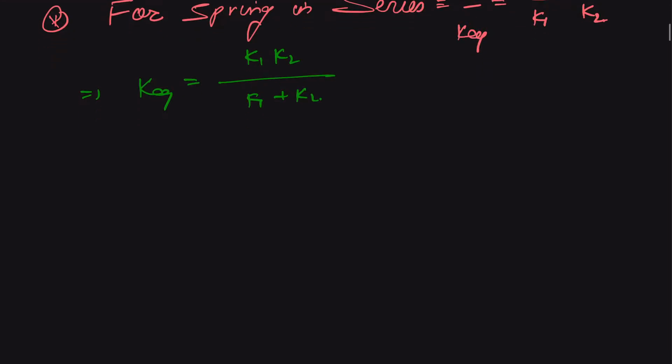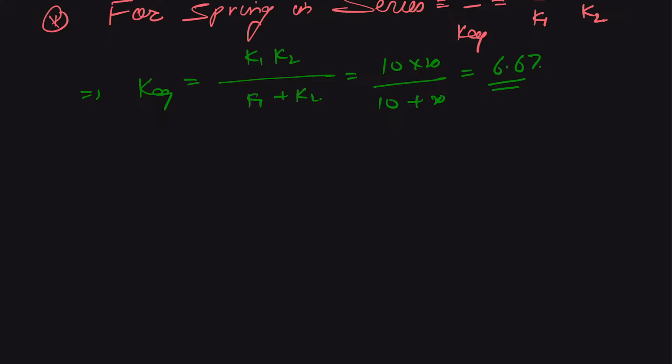We simply substitute the values. We get 10 into 20 divided by 10 plus 20, and this gives us approximately 6.67.